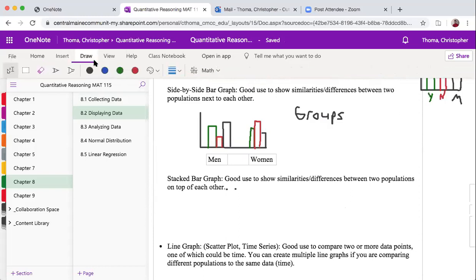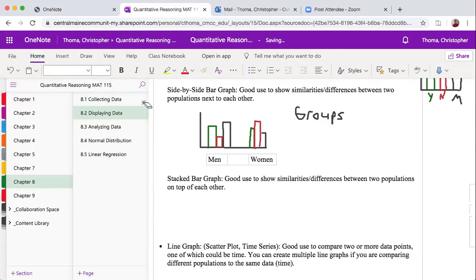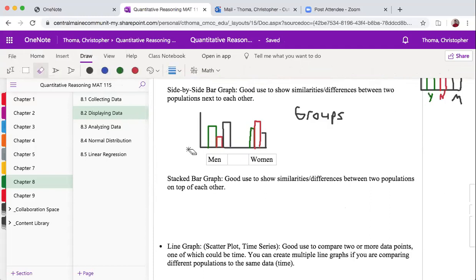So a stack bar graph is basically almost a side-by-side, but instead of being side-by-side, they're stacked. So now I can, again, do men and women, but instead of putting it side-by-side, I can say, here are my yeses, and then on top of that will be my no's, and then on top of that will be my maybes.